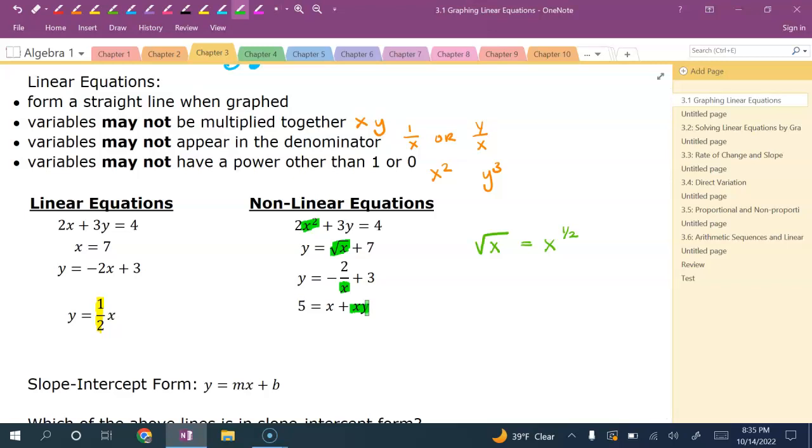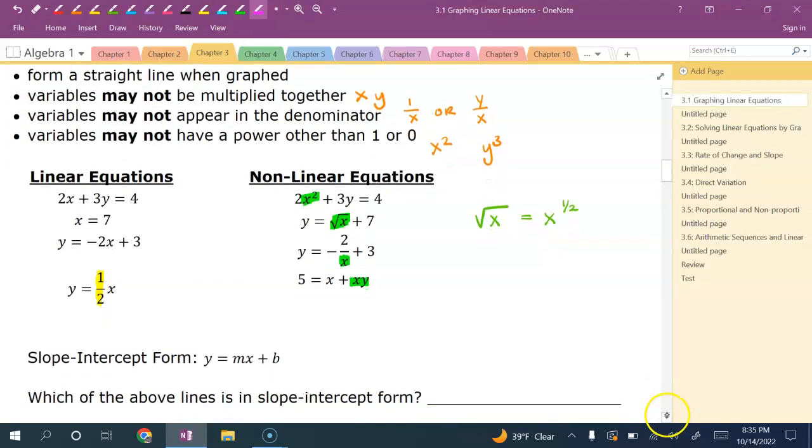Now, in linear functions, most of the time, they are going to be written in what we call slope-intercept form. Y equals mx plus b. At this point, you should probably take a moment here and memorize that. Y equals mx plus b. We are going to be talking about that form for the rest of your math career.